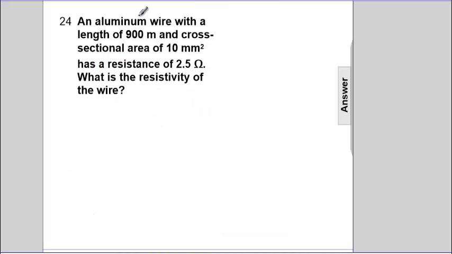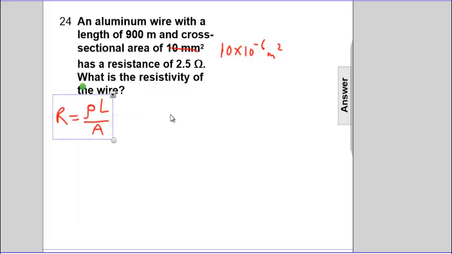The next problem: there's an aluminum wire with a length of 900 meters and a cross-sectional area of 10 millimeters squared. So that is 10 times 10 to the negative 6 square meters. So we're going to convert that, and we'll go back and redefine the equation. The question is, what is the resistivity?